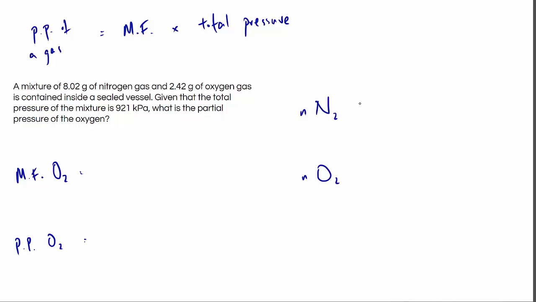So moles of nitrogen. Now N2 has an MR of 28, oxygen is going to be 32. So our moles is going to be mass over MR. So for nitrogen it's going to be 8.02 divided by 28, and for oxygen it's going to be 2.42 divided by 32. And we're going to work those out.